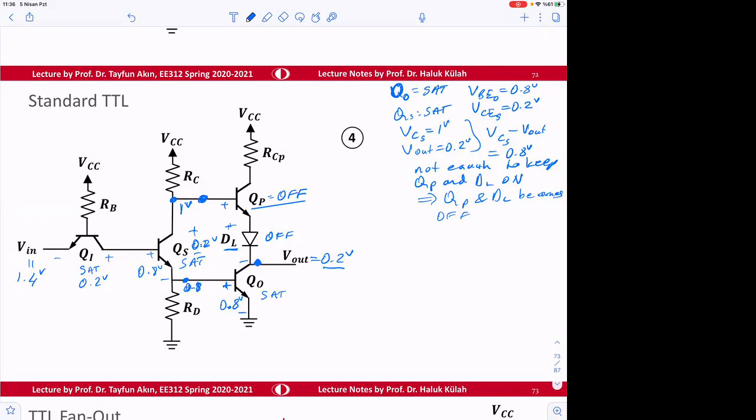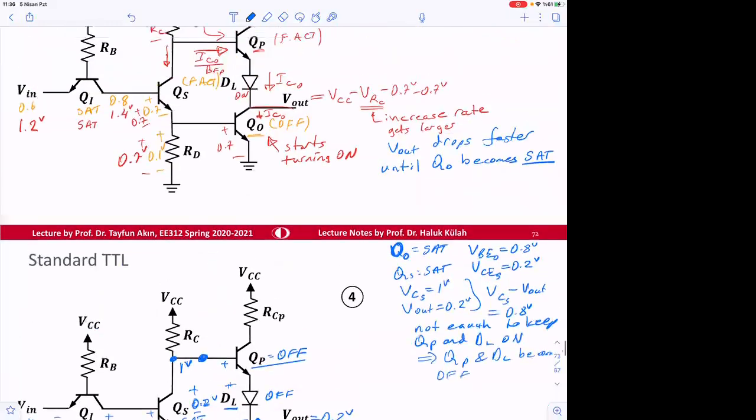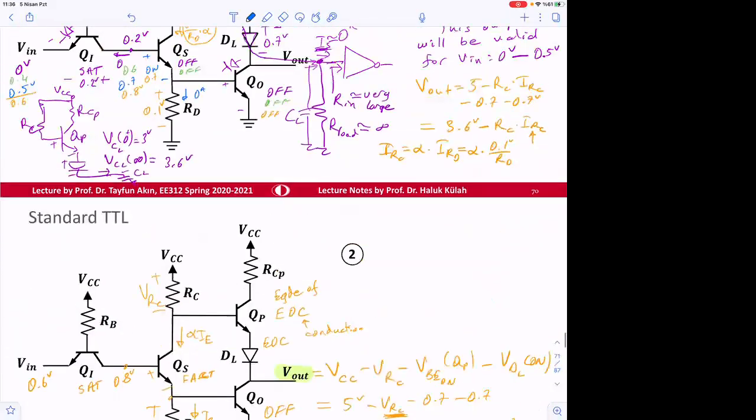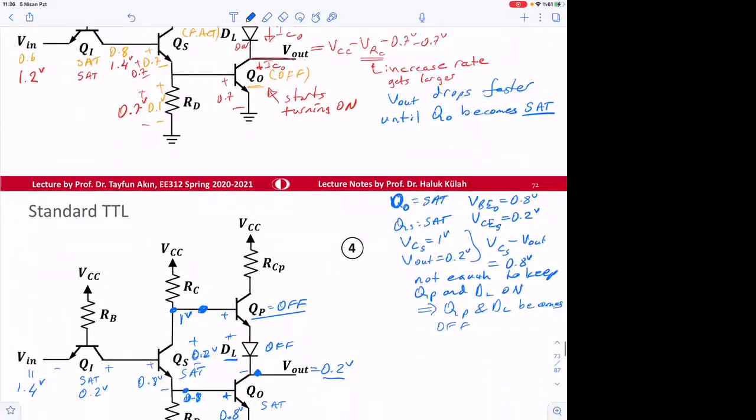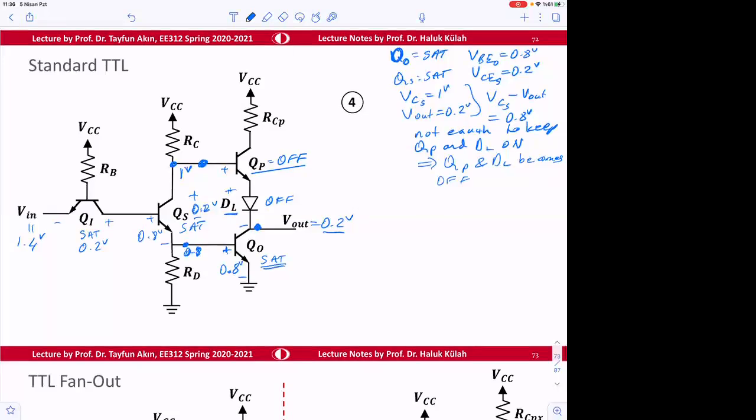Okay, so I think we should start giving a break soon, but that's why this voltage becomes 0.2. And SAT means what?